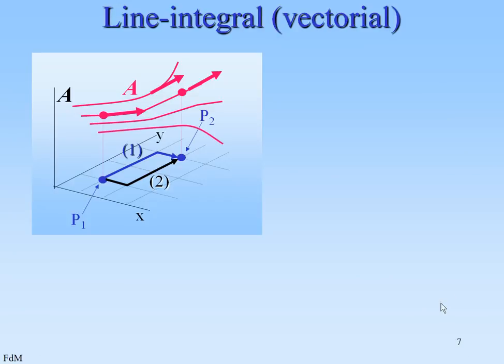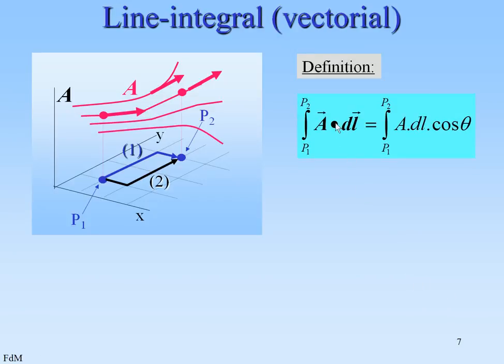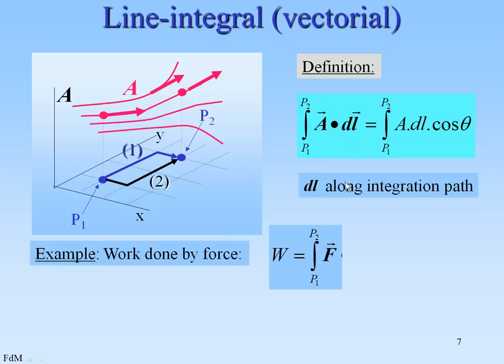A vectorial integral. The definition is the integral over a path dl of a vector A, given by A dl times cosine theta, and this is the scalar product of A and dl. And the L is along the integration path.